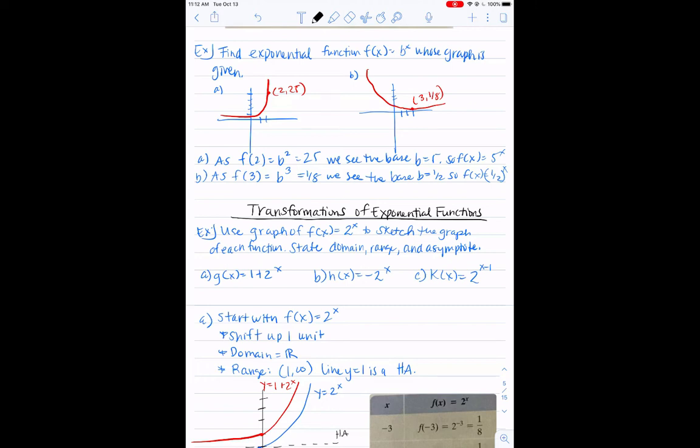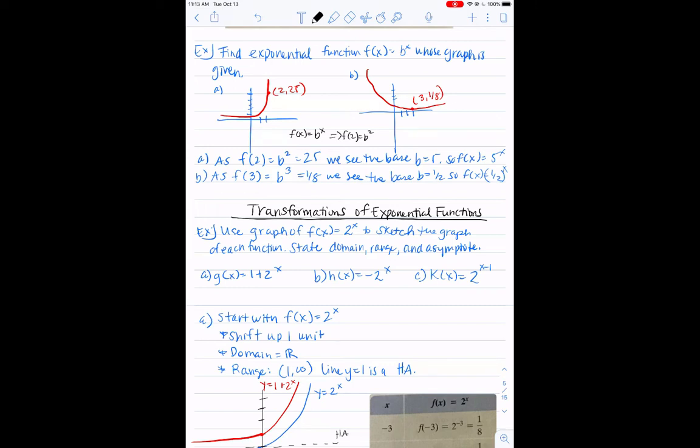So basically when we're plugging in 2, and then we know that this is supposed to equal 25. So therefore, we know that our base is b equals 5 because 5 squared equals 25. So f of x equals 5 to the x.